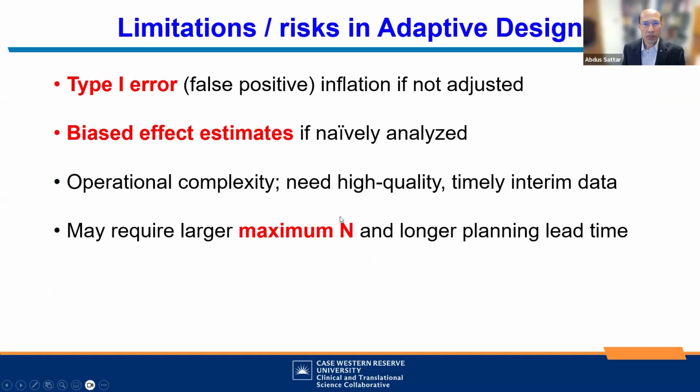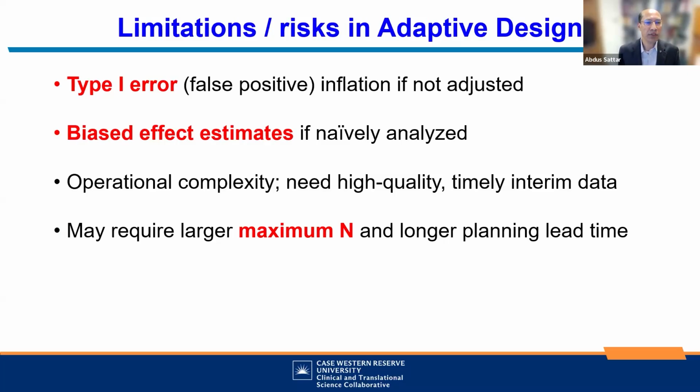And limitations, what are the limitations? Limitations could be the type 1 error. If we are not adjusting the type 1 error appropriately, then there is a high chance of false positives. So we have to be careful when we are conducting an adaptive trial design. We should apply all statistical aspects appropriately.